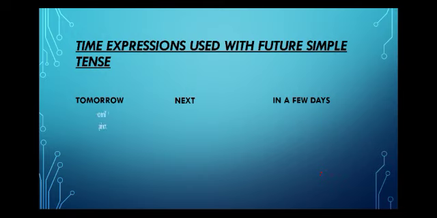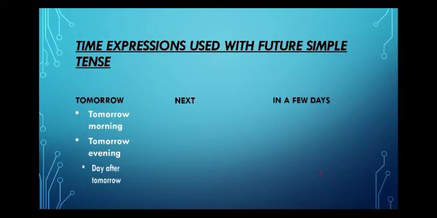Okay, so if you see this word tomorrow in the sentence, then it is clear that you have to fill in the blank with future indefinite tense. For example, I will come to your house tomorrow morning, tomorrow evening, or day after tomorrow. Okay, now the next time expression is next.